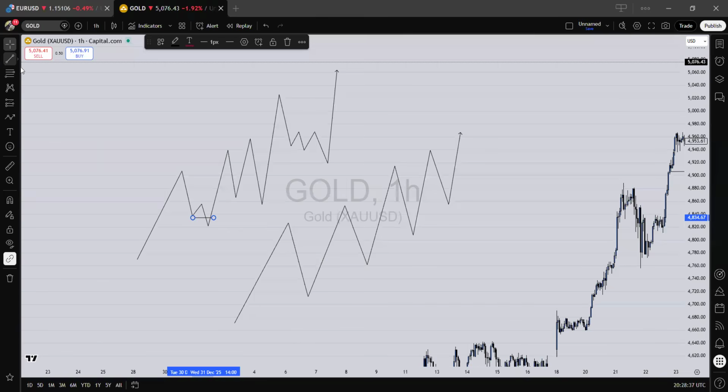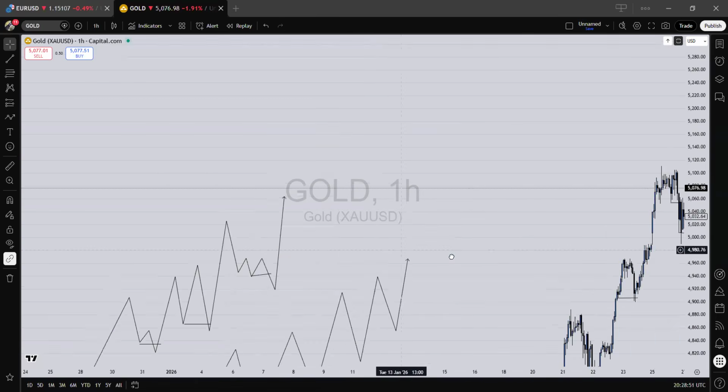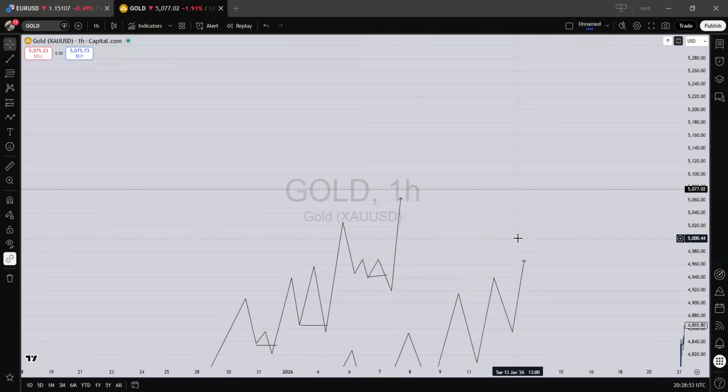Engineer liquidity, inducement, engineer liquidity. These are sell side liquidities in a general sense.